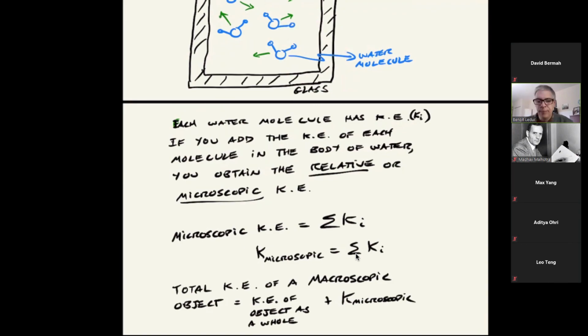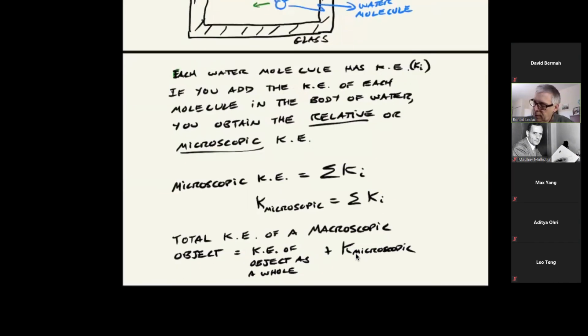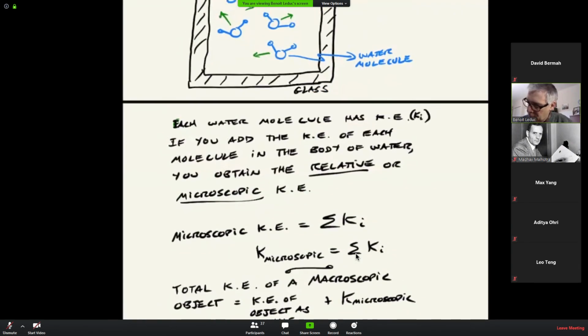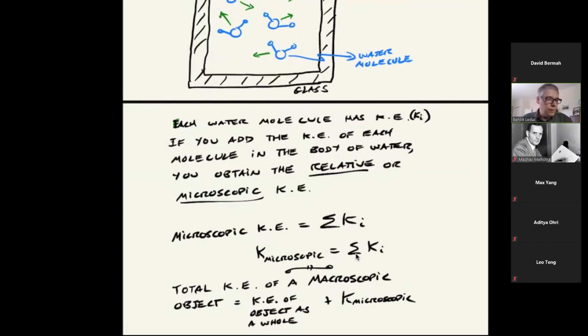All right. So the total kinetic energy of a macroscopic object, like anything this, right? This is the kinetic energy of the whole object as a whole, as it moves.